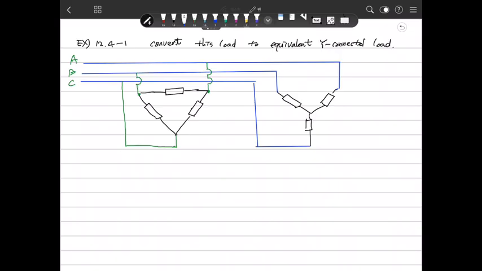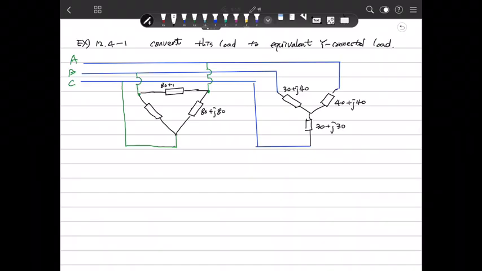The problem is like that. The A is 30 plus j, and I will use the black ones. 30 plus j40. And 40 plus j40. And 30 plus j3. And this is 80 plus j80.